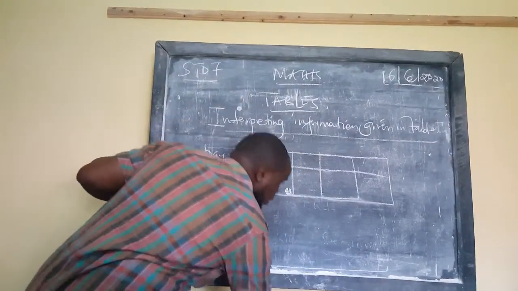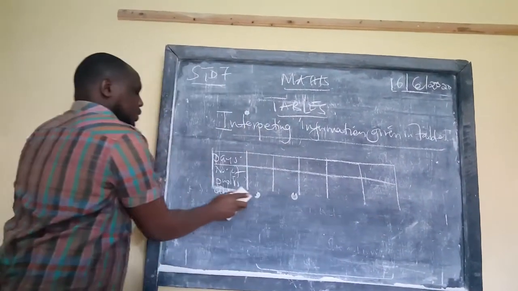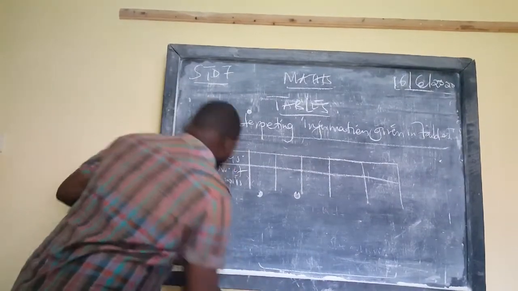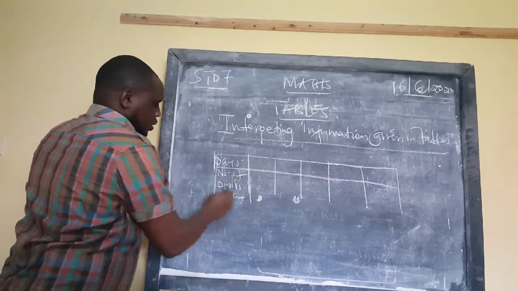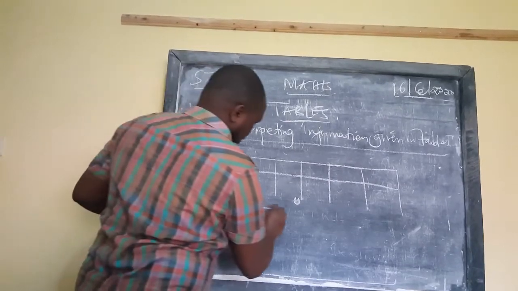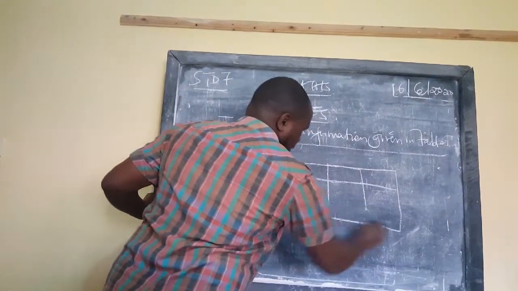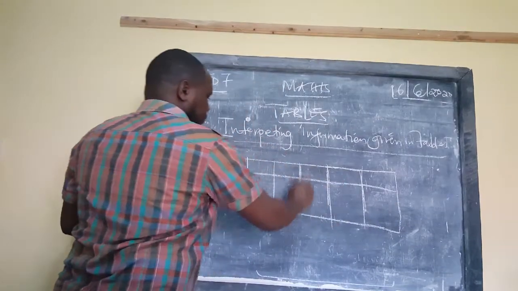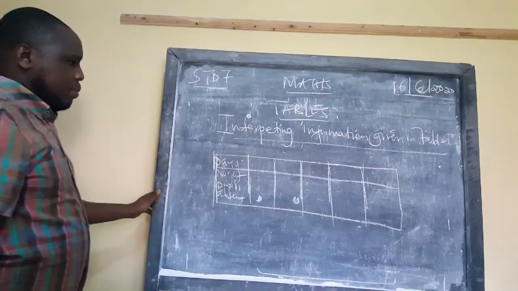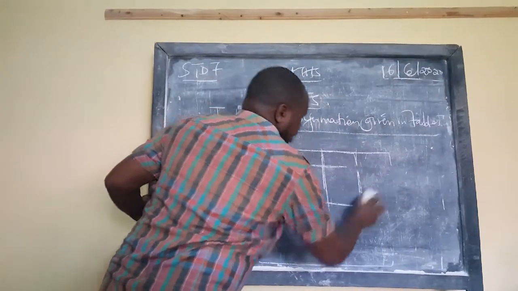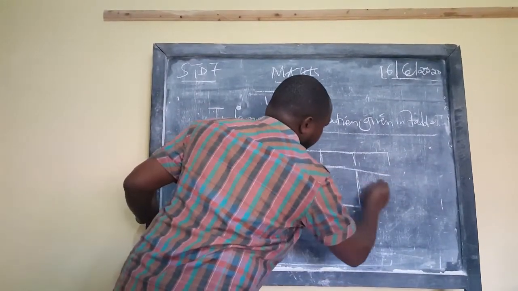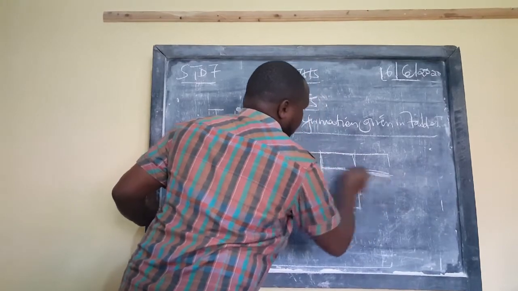So you can be given a question like this: number of pupils absent. You are given a table. You are told that this is a table of number of days against the number of pupils that were absent in that day.